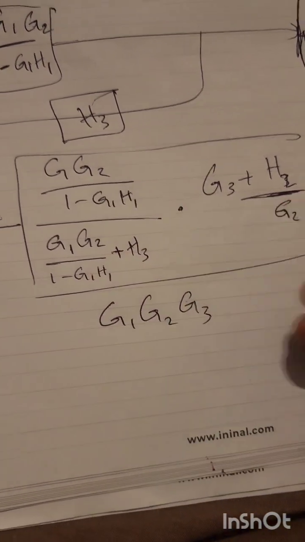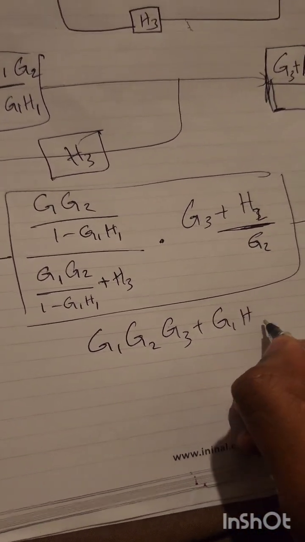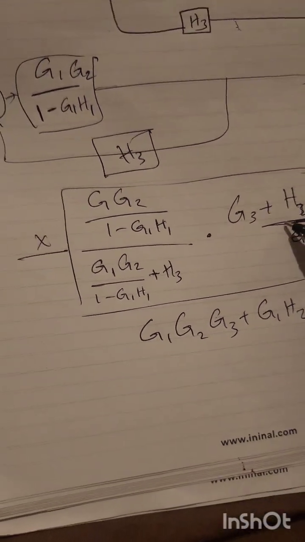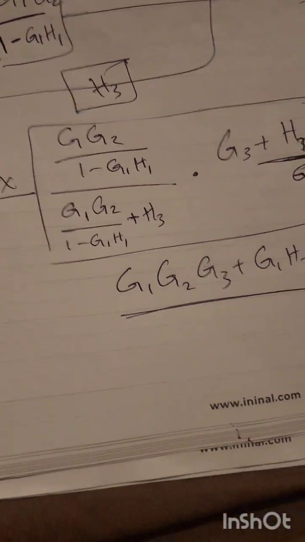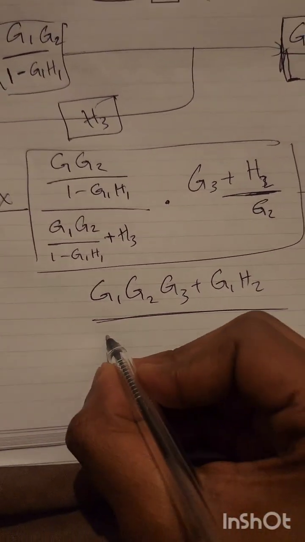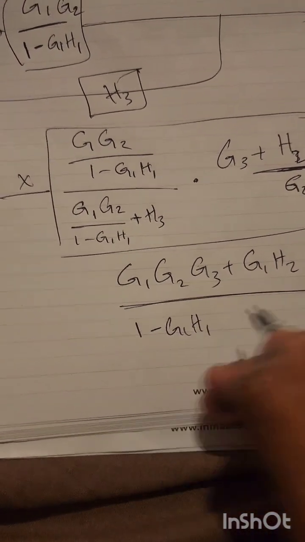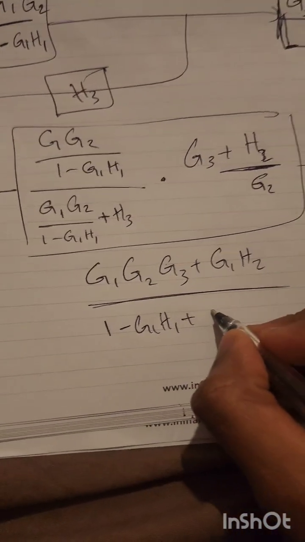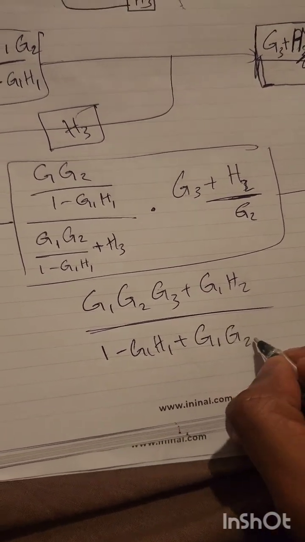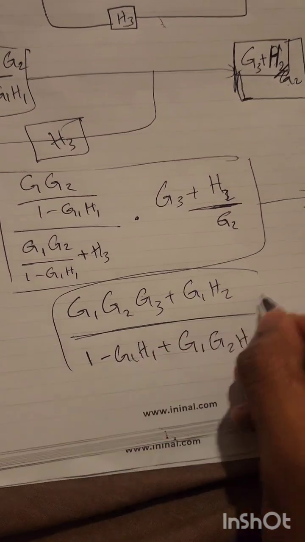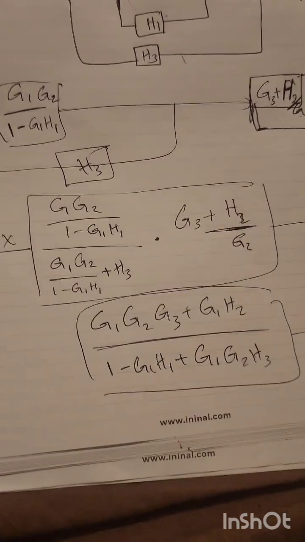So we're going to multiply it, plus g1 h2 over 1 minus g1 h1 plus g1 g2 h3. So this is our final result.